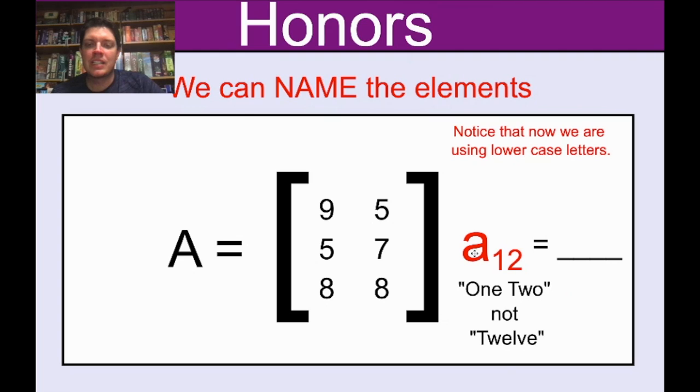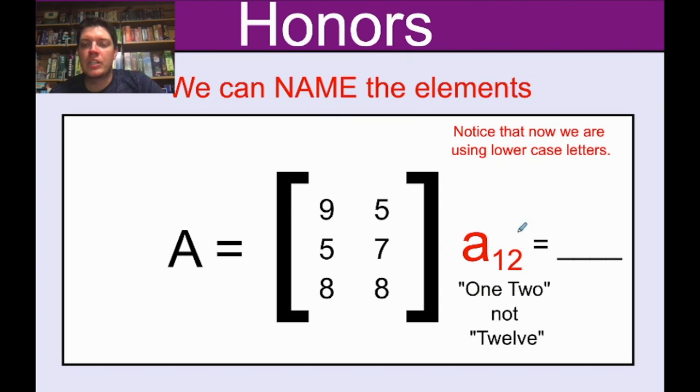What that means is go find matrix A, and then you're going to look at row 1, column 2. Just like remote control, just like the dimensions, we're going to look at row 1, column 2.